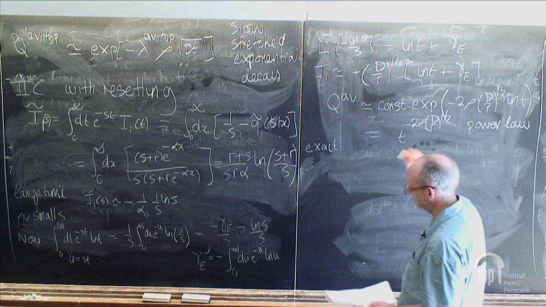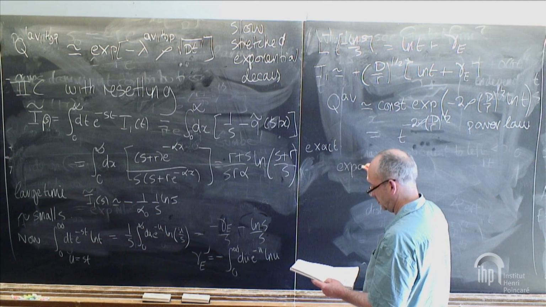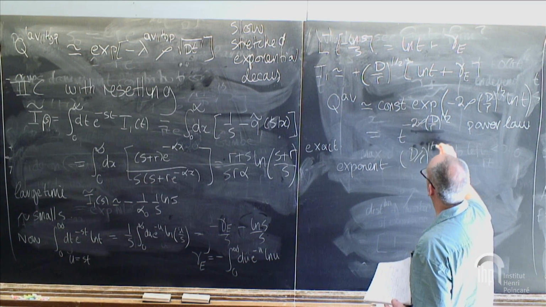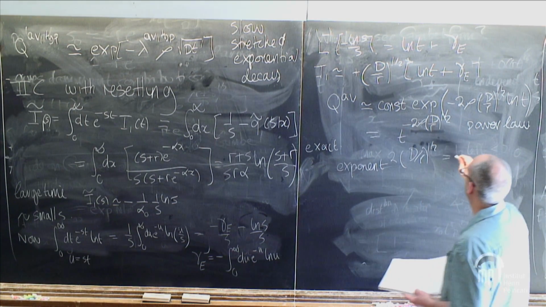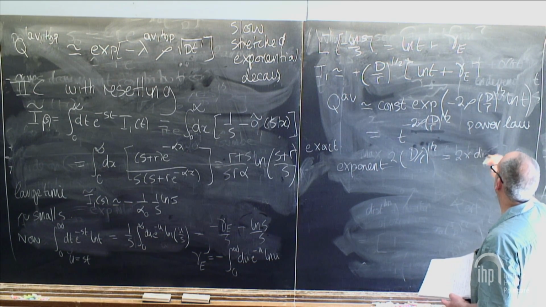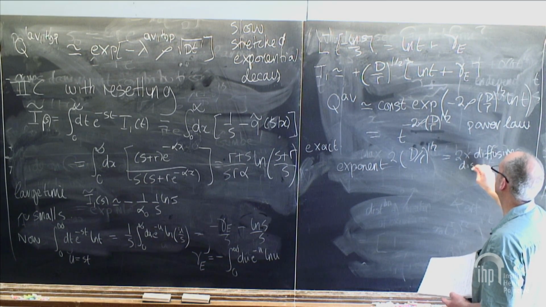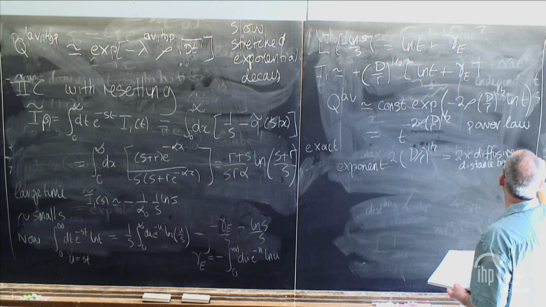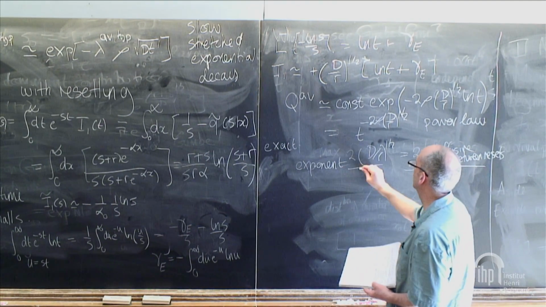But let me first of all just make a comment on this. The exponent, okay, the power here is basically D over R to the half. So we met that length before. So it's 2 times the diffusive distance between resets, over 1 over rho.